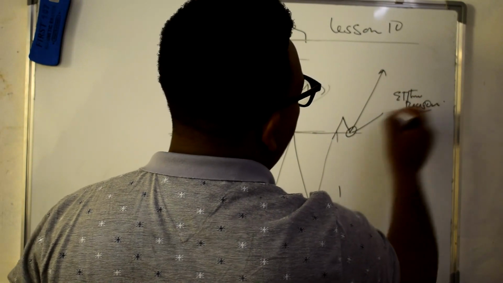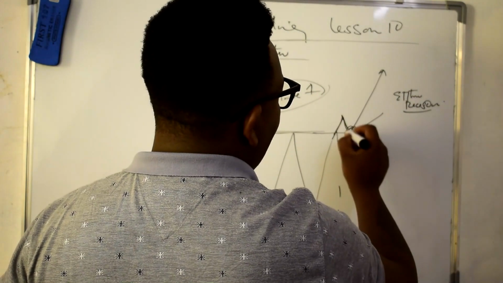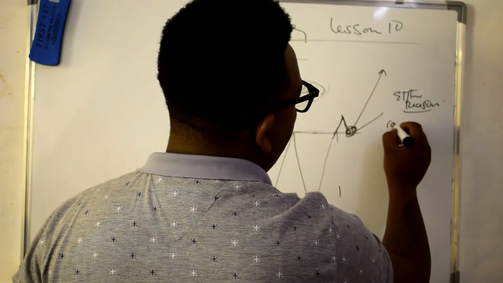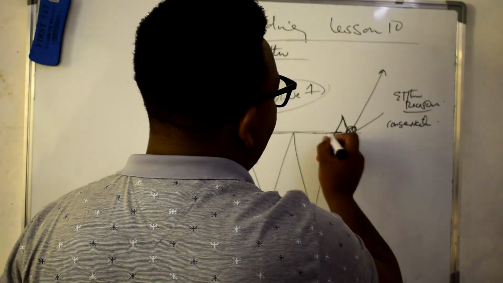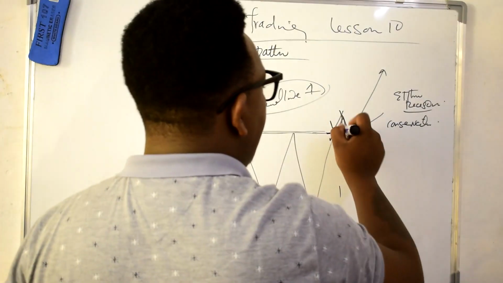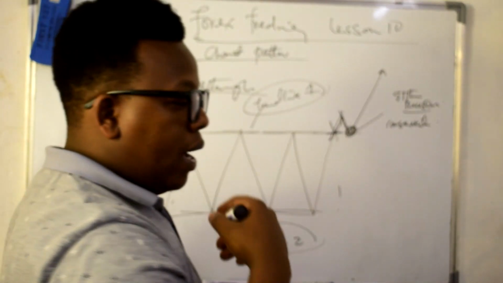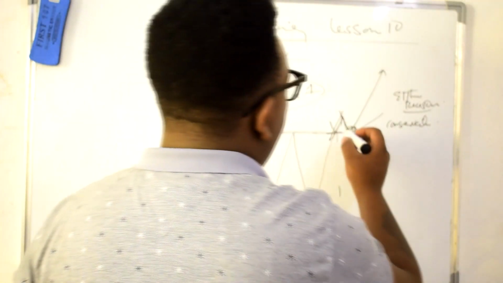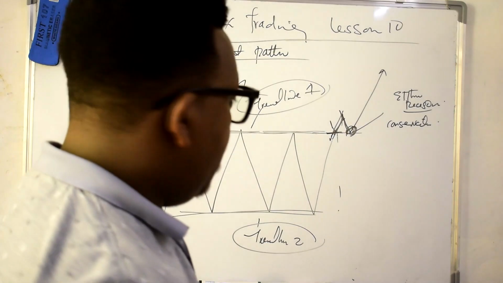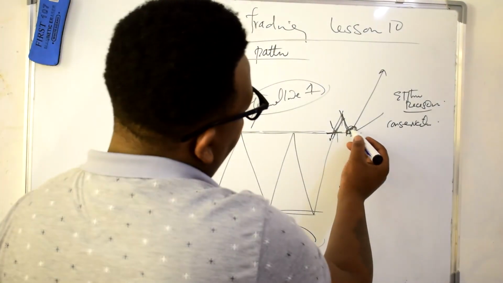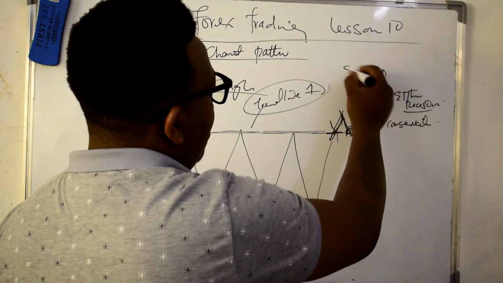For that case, you have to wait for the market to break and retest for those people who are a bit conservative. For people who are aggressive, they just place their orders here. So the minute the market gets to break, they get to activate their trades immediately, and we are already either in profits or in losses. So it's important for you to take note on that. Another important thing is to note that this is scenario 1.